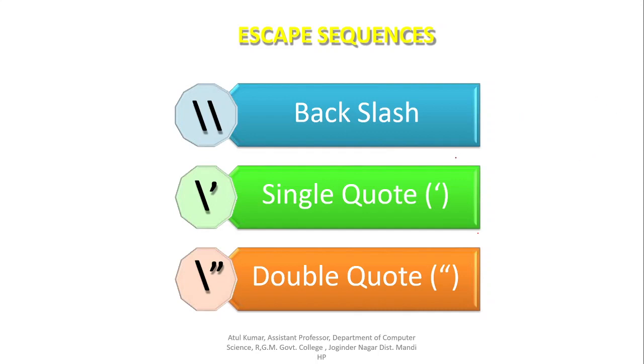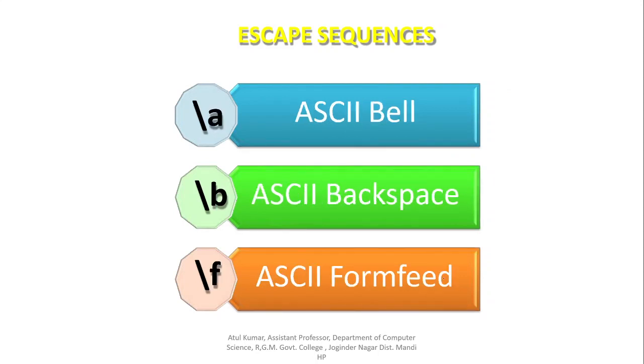Next we have different kinds of escape sequences in Python. Firstly we have the backslash, then single quote, then double quote, then ASCII bell, and the syntax for this is \a.